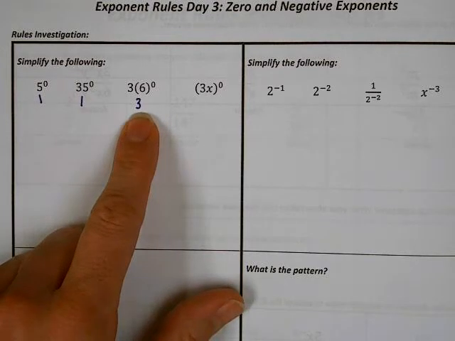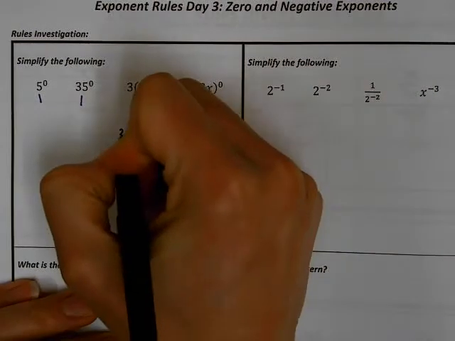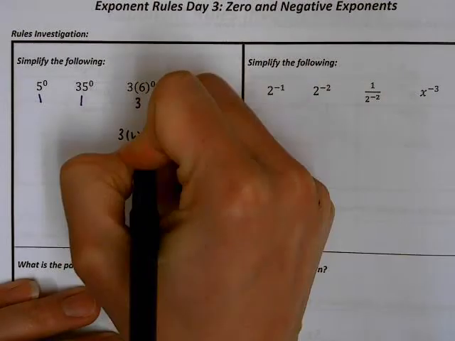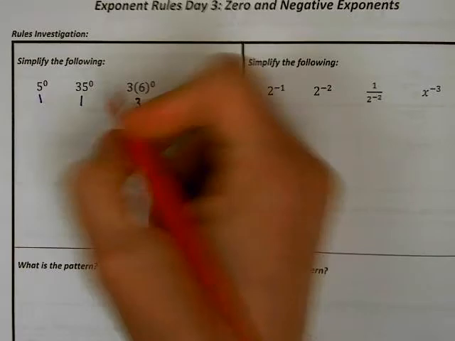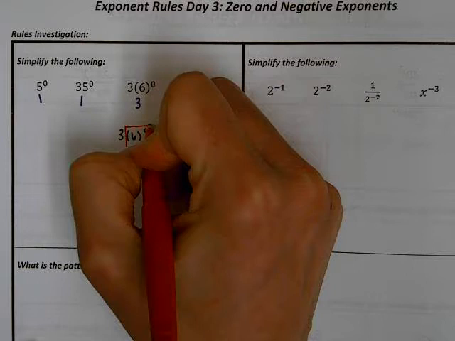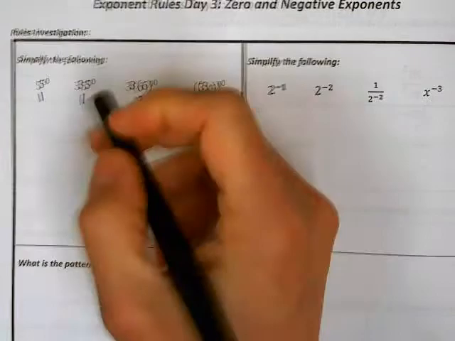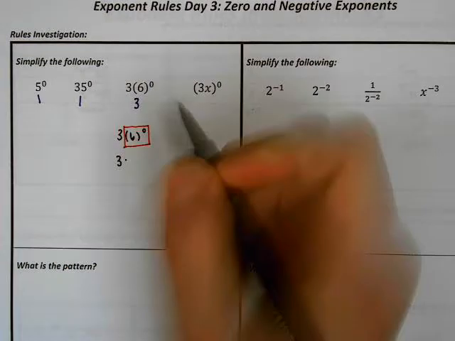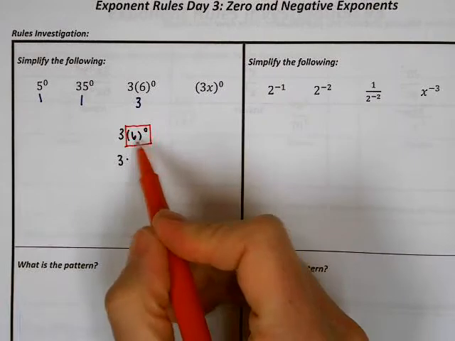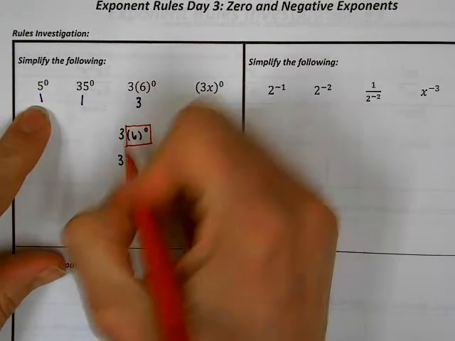Here's where we have to be really careful with our parentheses. If I rewrite this again, what's happening here is that the exponent of 0 only goes with the 6. So essentially what I have is 3 times 6 to the 0 power, but what we learned is if I take a base to the 0 power, I just get 1.